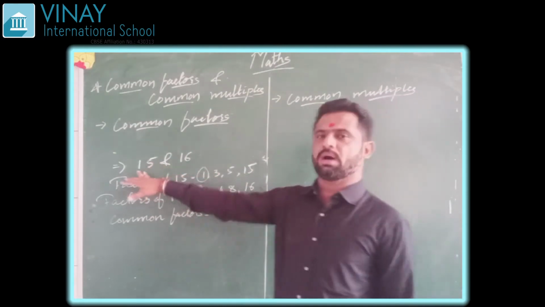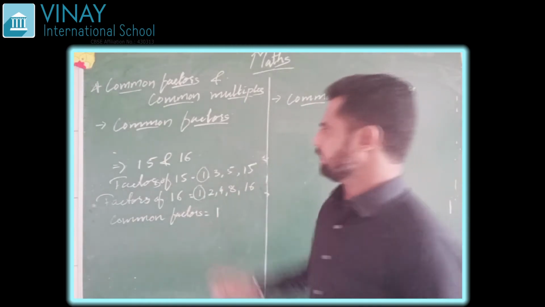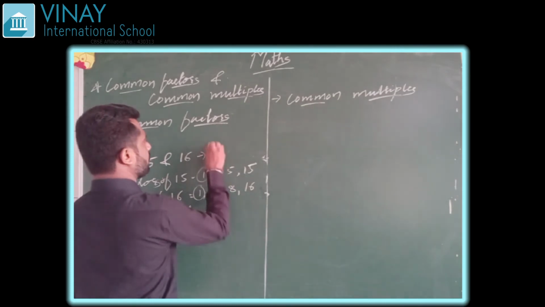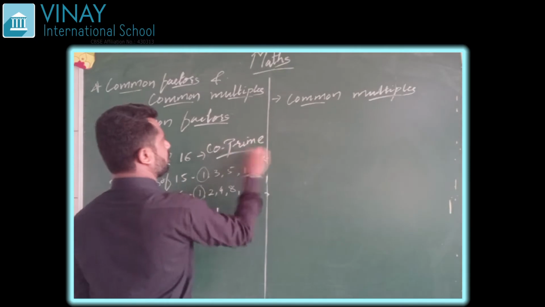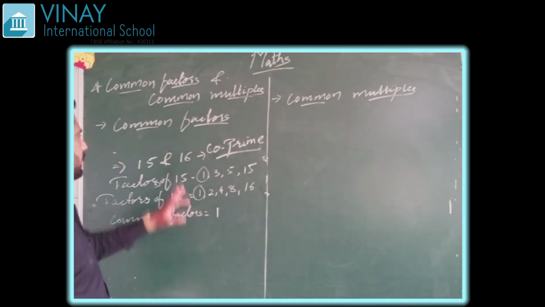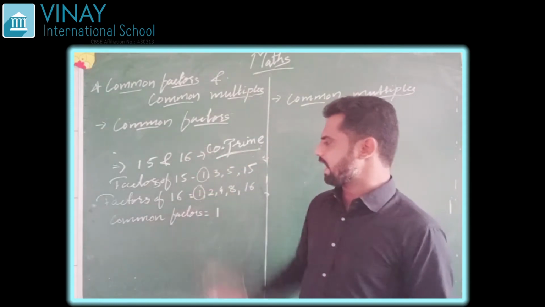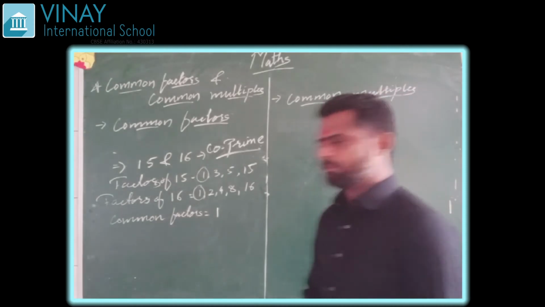Such numbers which have only 1 as their common factor are called co-prime numbers. The numbers which have only 1 as their common factor are known as co-prime numbers.